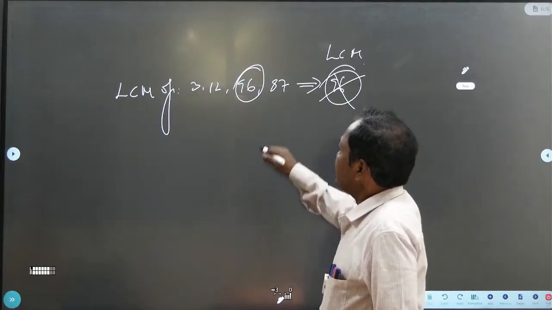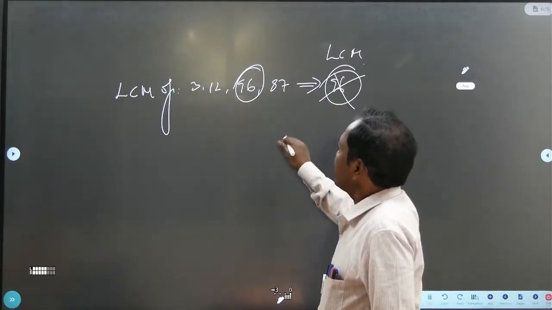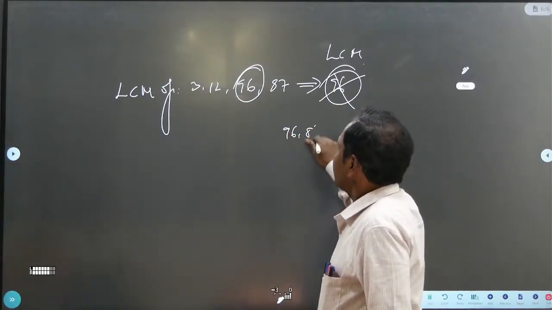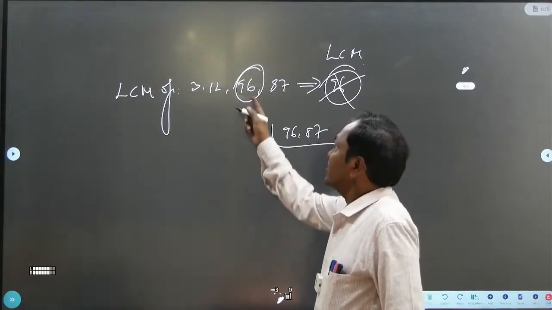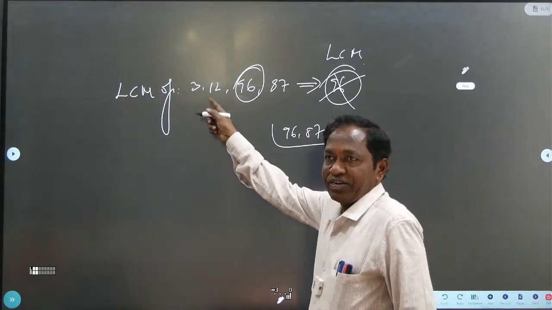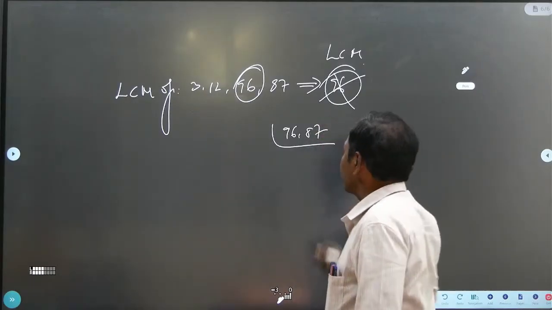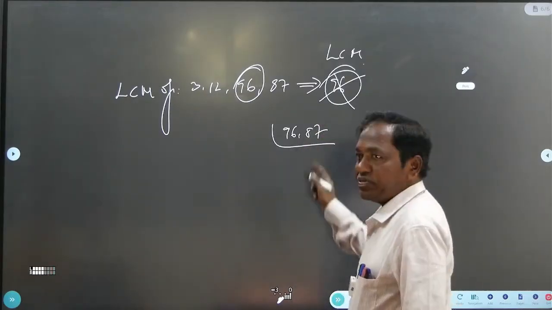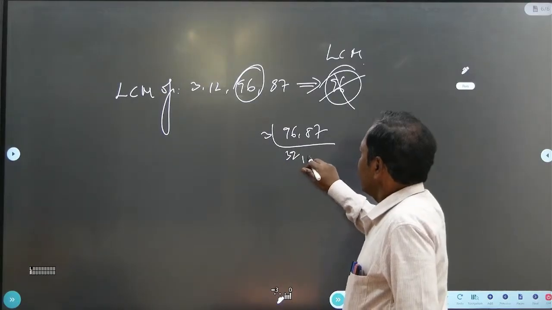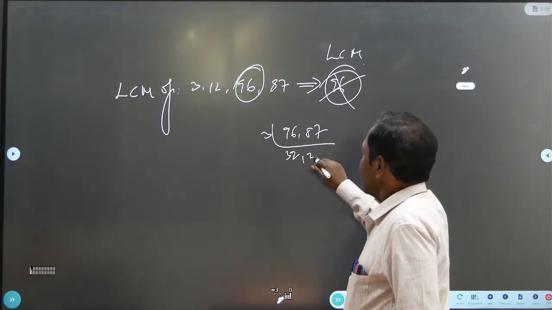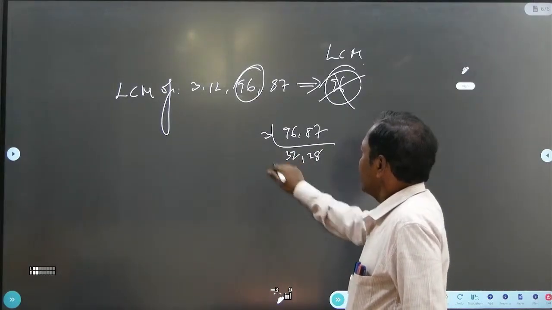So 96 and 87 you have to see. Multiples of 96 and 87 you have to take. You need not do it for 3 and 12, because 96 is a multiple of 12 and of 3. Both numbers are multiples of 3, isn't it? 3 into 2, 3 into 6 is 8.